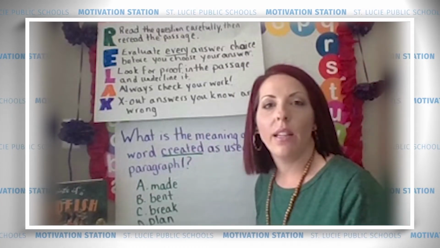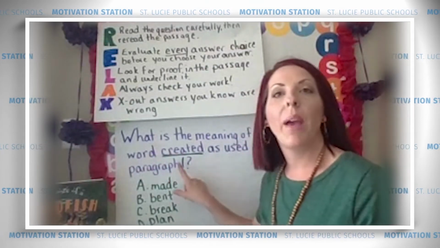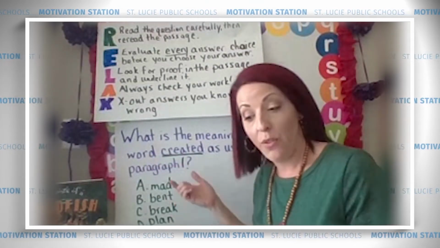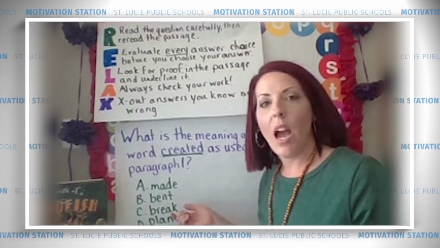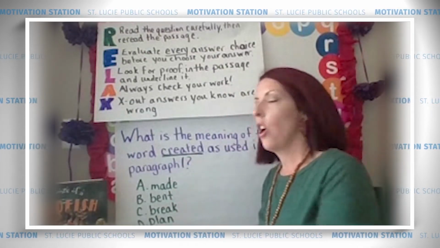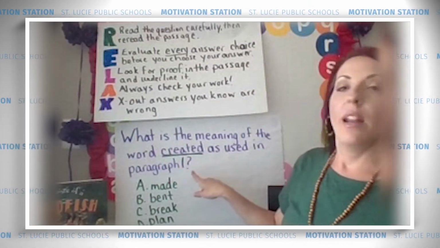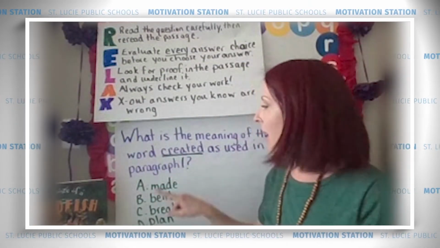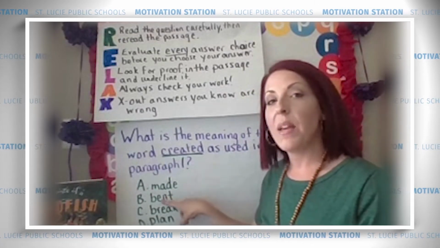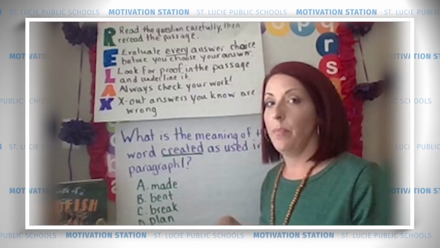It's underlined. The author underlined. So this is very important to us as readers that we want to pay attention. This is the word that we're trying to figure out what it means and how it's used. Oh, and you know what is so awesome is it even told us where to go in paragraph 1. So what is the meaning of the word created as used in paragraph 1? A, made, B, bent, C, break, or D, plan?